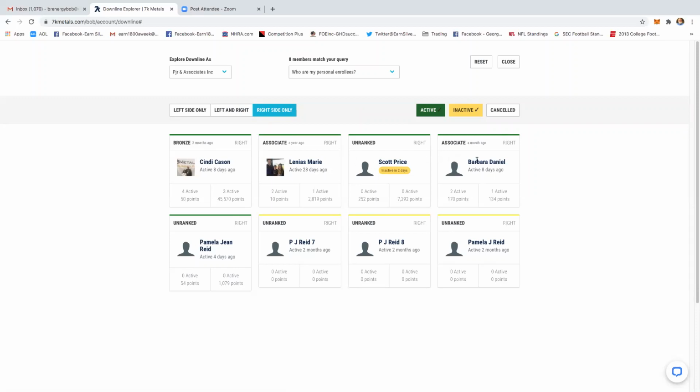5 actives. 1, 2, 3, 4, 5. Now, 3 are inactive, but we can buy coins there if we want and get more state coins. That's how we get more state coins or more variety coins, and we get points going up through the organization.